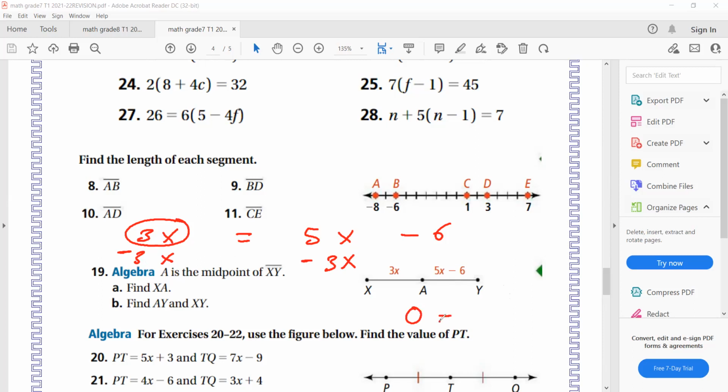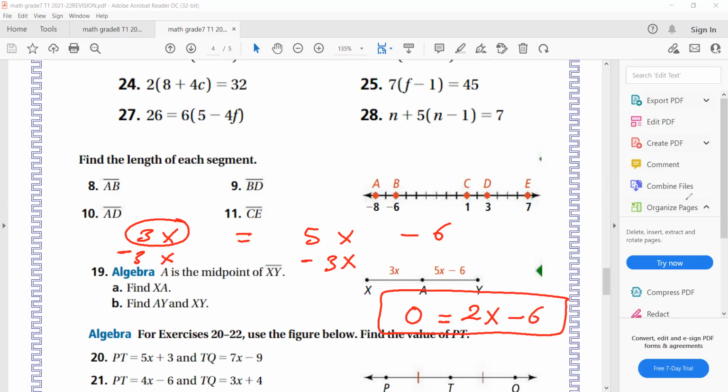No problem, put 0. 5x minus 3x, 2x. And solve this equation. But Miss, we never put 0, we just don't put anything. But nothing happened. Steps: adding 6, then divide by 2.